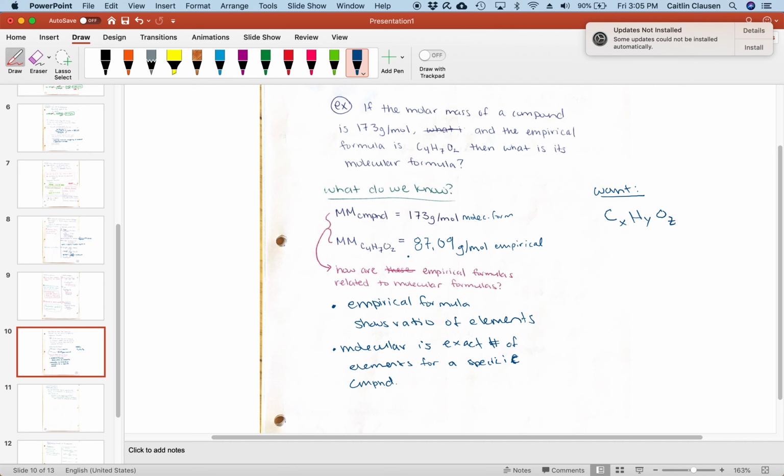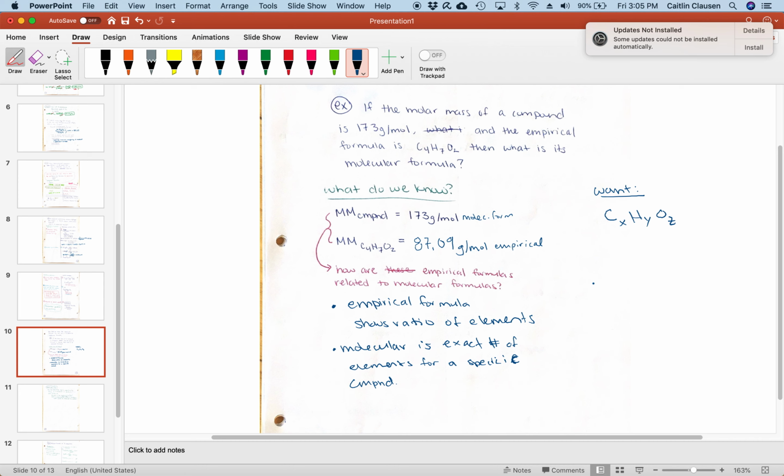The molar mass of your empirical formula is related to the molar mass of the actual compound by some whole number, right? Because if this is a ratio of how many carbons, then this is just some version of the ratio of your empirical formula.